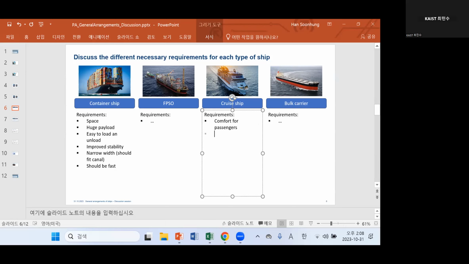What else? How many activities during the trip? Entertainment. Yes. Accommodation. A lot of people. Accommodation, yeah.